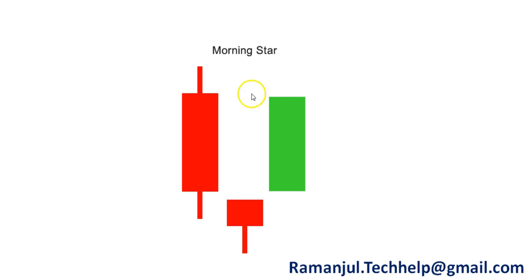Looking here, the closing of the green candle should be at the opening of the red candle or beyond it. If we combine these three candles into one candle, I am going to show how this occurs. Let us take it into MS Paint.